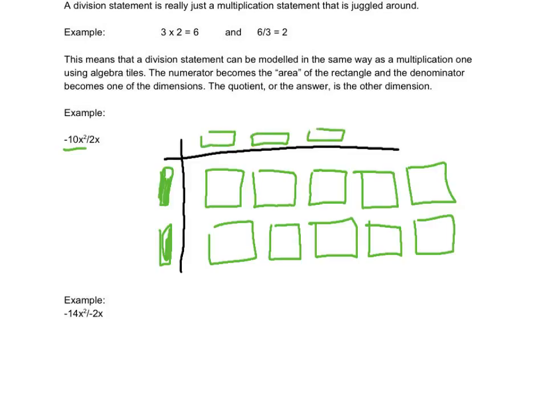They must have been negative x tiles. Just to be sure, we can work backwards. We can see that the negative 5x that I just drew in there, multiplied by that positive 2x we had before, does indeed equal negative 10x squared, so we did it right. The answer to this would be the negative 5x that I drew along the top.